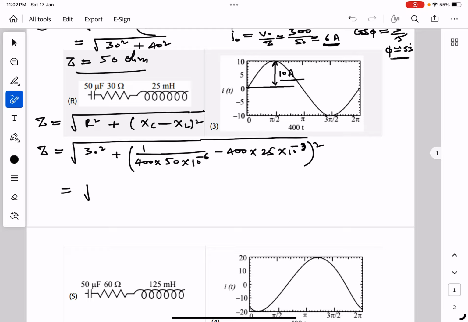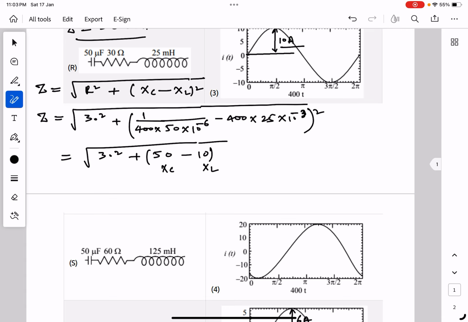So this is equal to root of 30 square plus 50 minus 10. So in this case XC is equal to 50 and XL is 10 and the impedance of the circuit is 50 ohm.